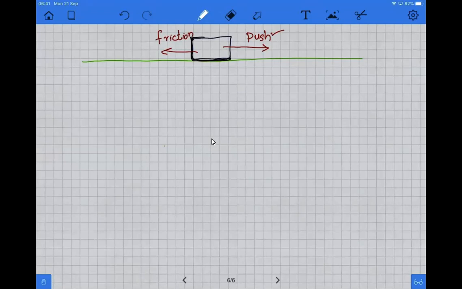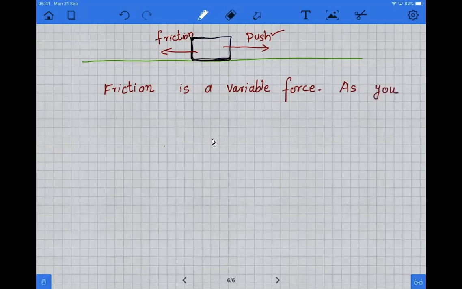And one thing should be clear, friction is a variable force.